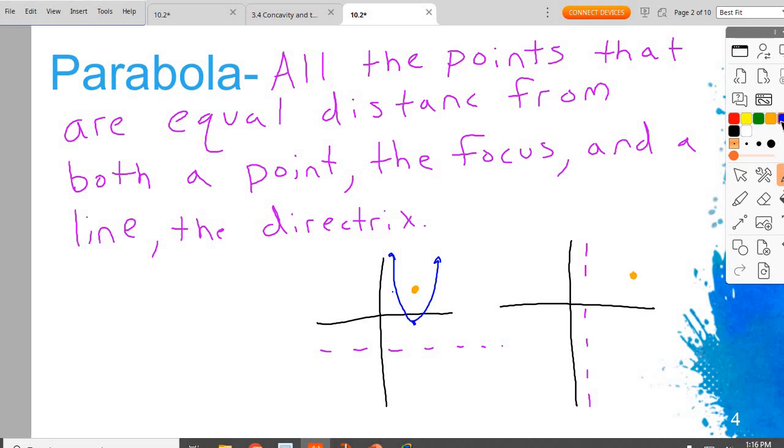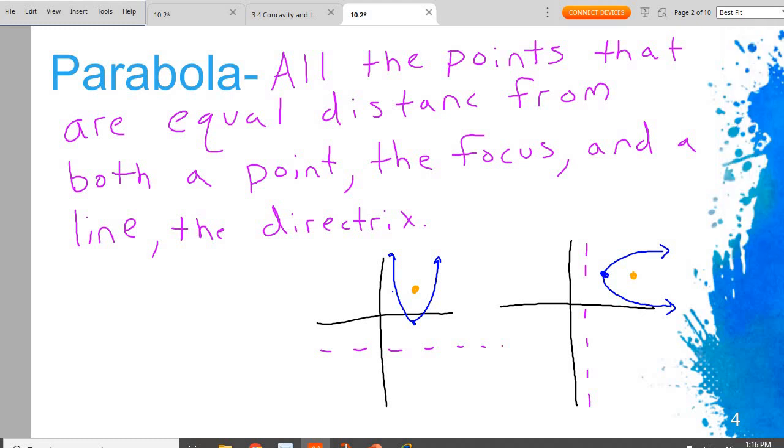Because same thing, if I look at the point exactly halfway in between, but this time to the right in order for it to stay equal distance. And same thing as I go down. Yes? And again, I'm not going to ask you to construct these and find the distances or anything like that, but I do want you to know that's where we get parabolas from, by finding distances between lines and points.